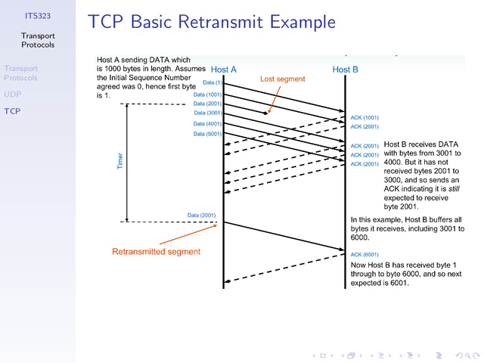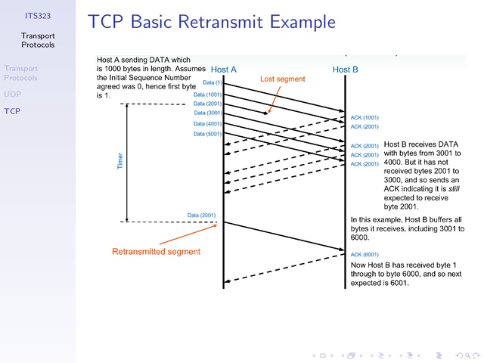Come back to A, what happens? A transmits its 6 frames. It's expecting to receive ACKs, indicating that those frames, or those segments have been successfully received. It receives the first ACK saying B has received up until 1001.